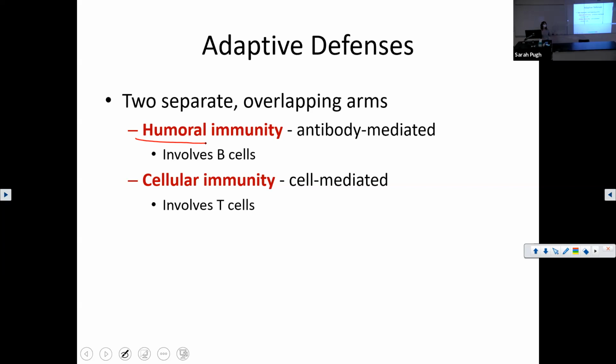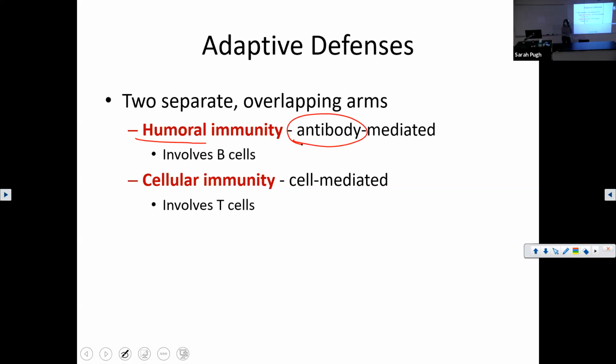So all the fluid in your body, your blood, your lymphatic fluid, all the fluid is considered your humors. So what we say is that your adaptive defenses, your B cells provide you with this humoral immunity. B cells create antibodies, and those antibodies circulate throughout your body's humors. So this is how they are providing you with humoral immunity. They move through your body's fluid.